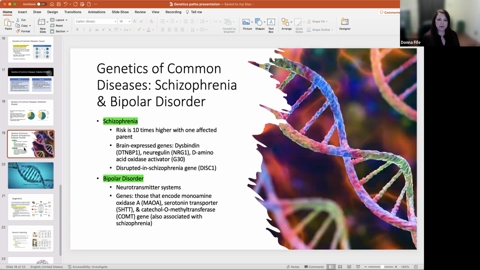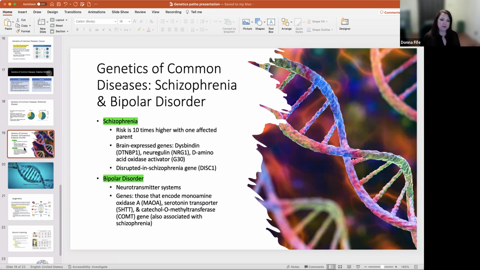Schizophrenia and bipolar disorder. For schizophrenia, the risk is 10 times higher with one affected parent. The brain-expressed genes include dysbindin, neuregulin, D-amino acid oxidase activator, and disrupted in schizophrenia 1, DISC1.